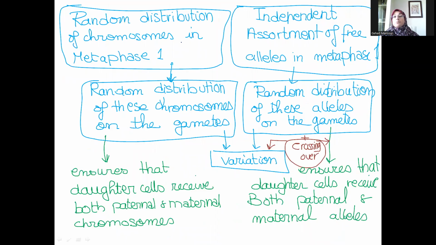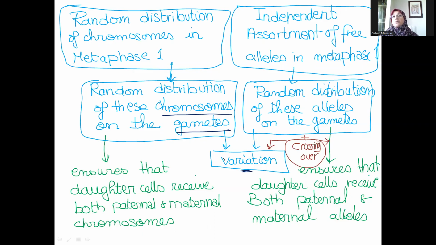So random distribution of chromosomes in metaphase 1, if meiosis 1 proceeds, then we are going to go until telophase 1 and cytokinesis, and therefore those chromosomes will also be randomly distributed on the gametes, and we will have variable gametes.